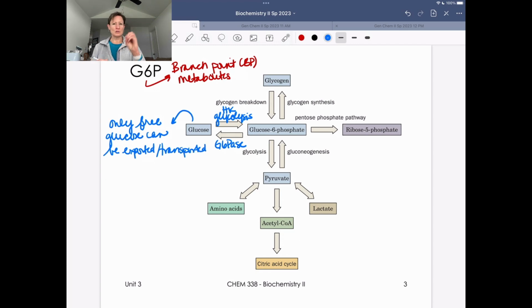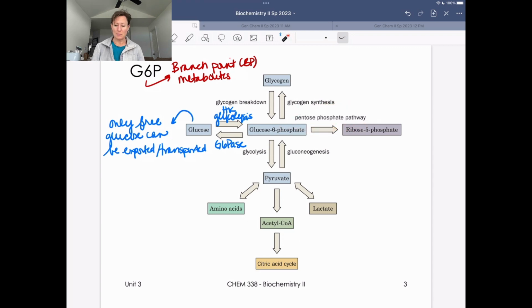So stuff that we've learned about already with glycolysis and hexokinase, but again, the reverse of that hexokinase step uses an enzyme called G6Pase, which is going to be a key player in us understanding the difference between liver and muscle cells.